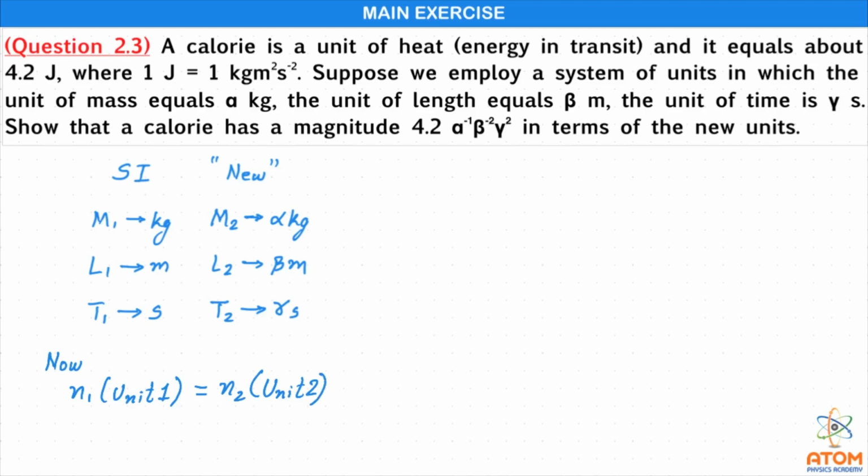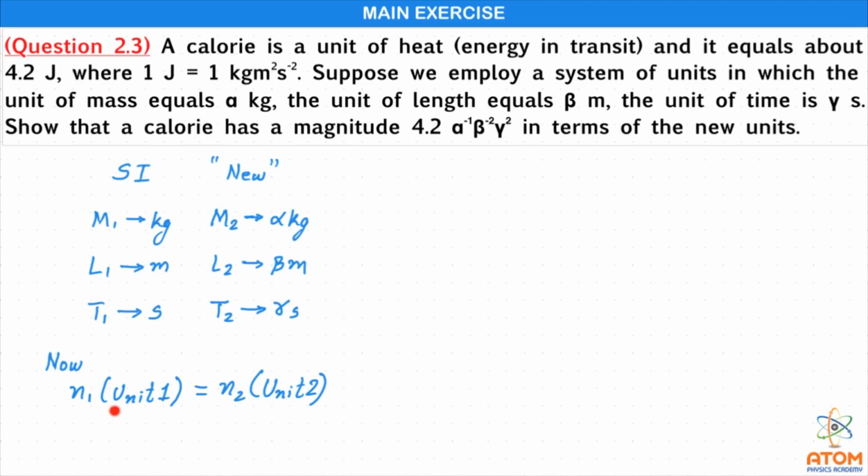Here this N1 and N2 are some numeric value, and unit 1 and unit 2 are obviously units of one physical quantity but in different unit system. As you can see here, we are talking about SI unit system, and here we are talking about the new unit system.